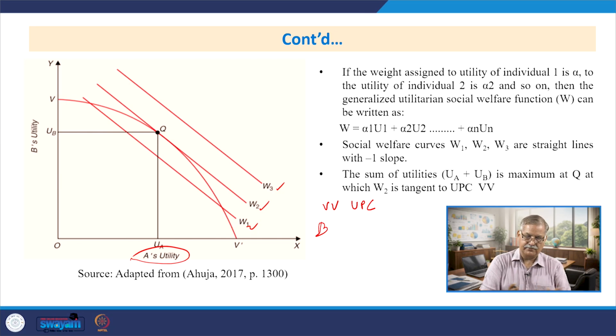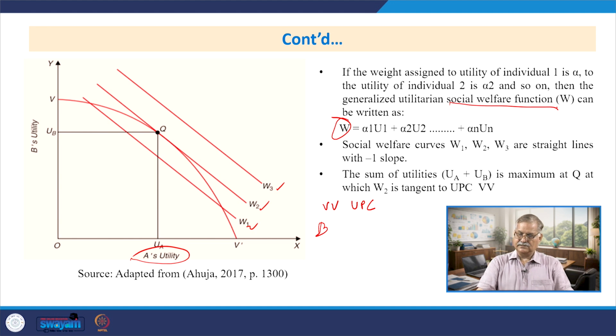So the social welfare function, W, is equal to A1 U1 plus A2 U2 plus A3 U3 up to AN UN. So this W1, W2, W3 are the social welfare functions.